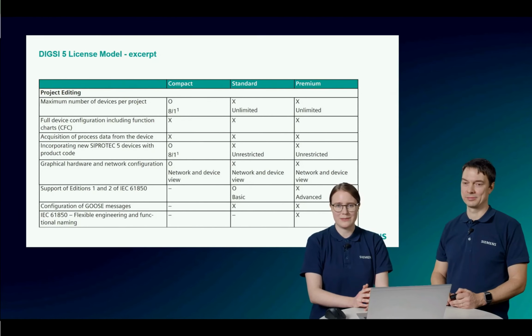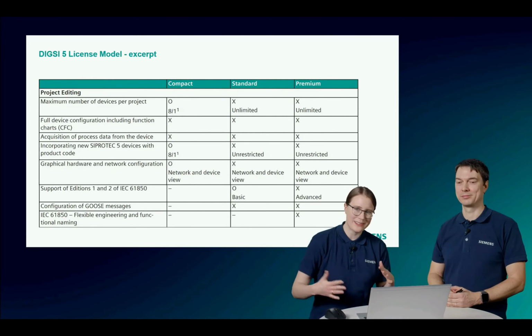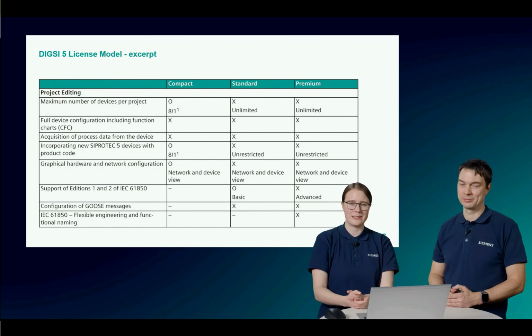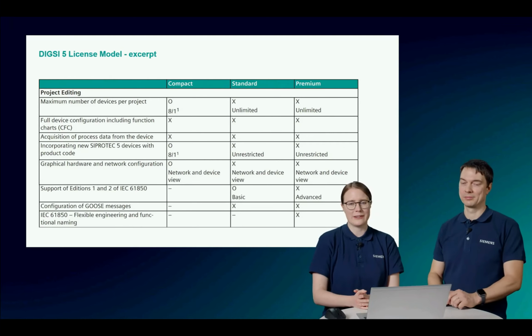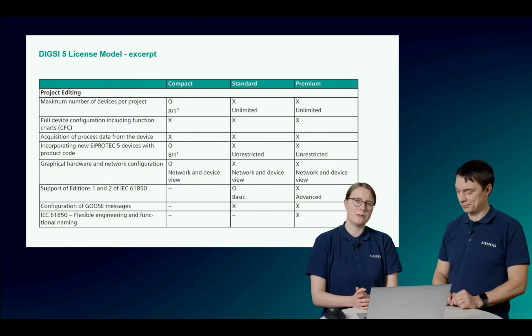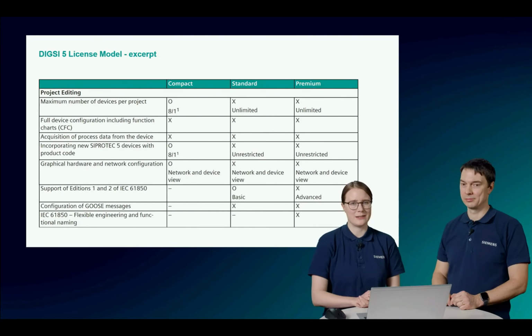And you also see this overview. I don't want to go through the whole table. You find it in the DIGSI manual if you want to know which DIGSI license you want to buy. For example, one big point is also the IEC 61850. If you want to do a whole IEC 61850 configuration, this is only possible with the premium license.